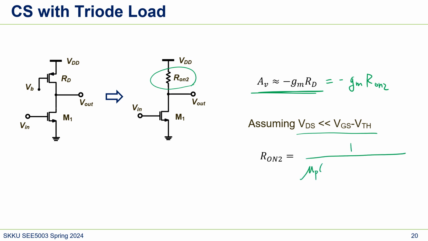So we have muP Cox and W over L over 2. This is W over L for MOSFET 2. This one is M2. And then here VDD minus VB minus VTHP.